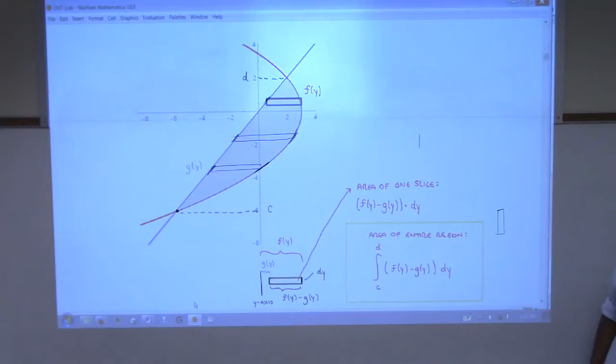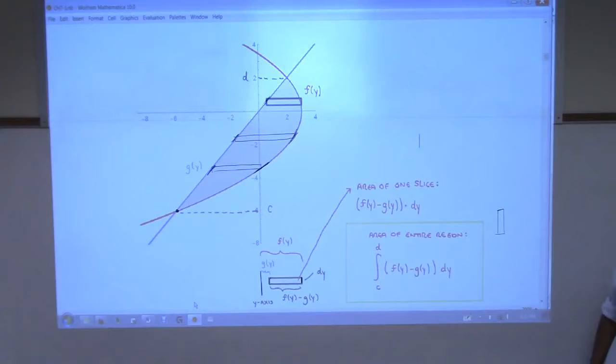And there are two different approaches. We have the first approach, which is whenever we have an area where we can slice it into vertical rectangles. And this is going to be when we have functions of x, which is what we were just talking about. What's a function of x versus what's a function of y.